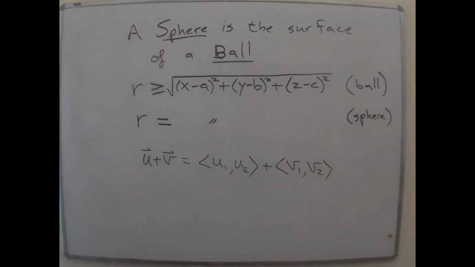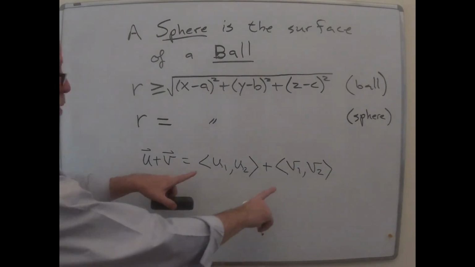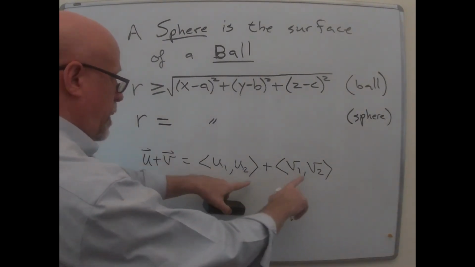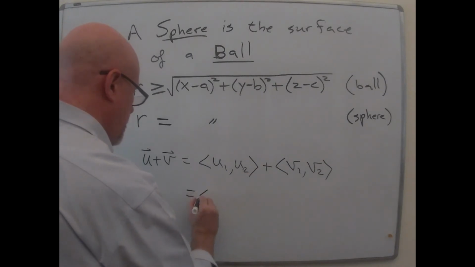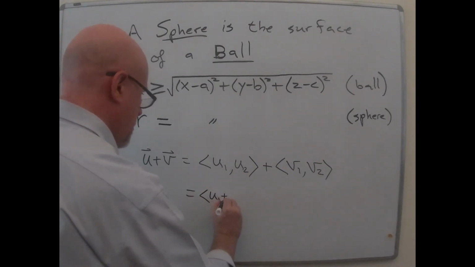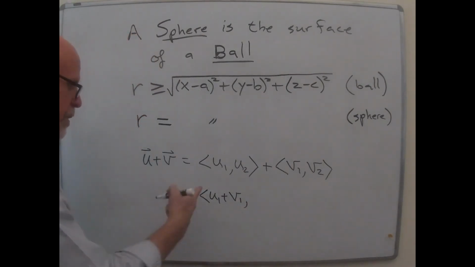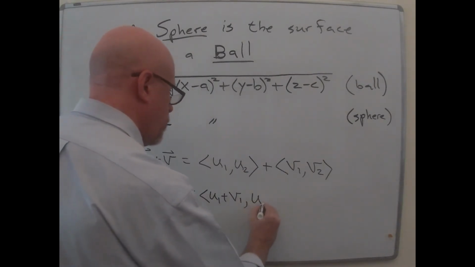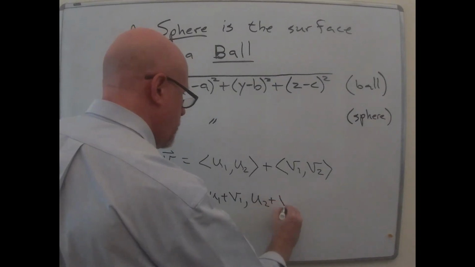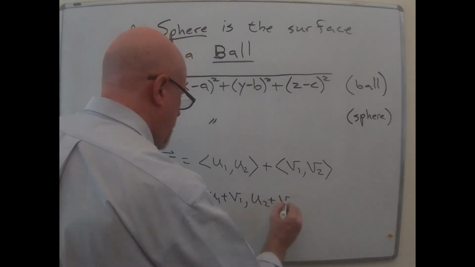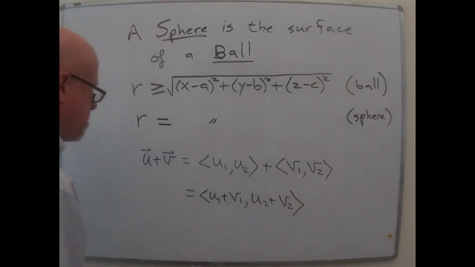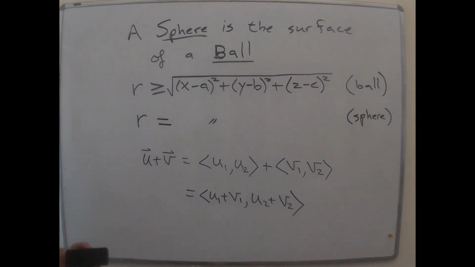So what you have to do is add the u1 and v1 and add the u2 and v2. The sum of the ones is in the first position, and the sum of the things with twos on them is in the second position. That's what we did last time for adding vectors that had length 2.